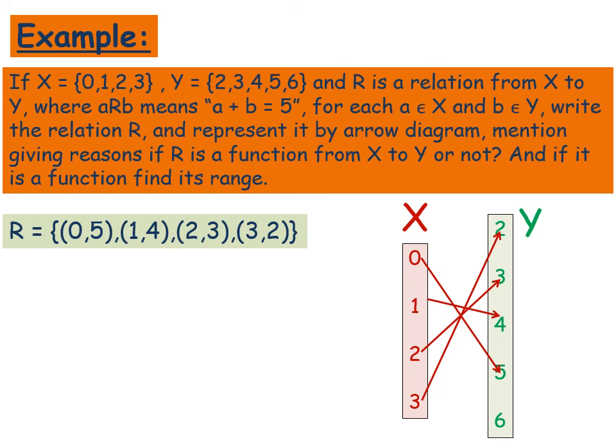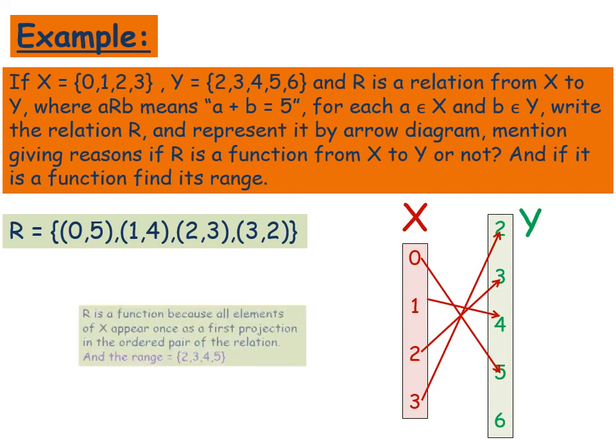Now I want to check if this relation is a function or not. To check that, I have my two conditions. Every element in X appears once as a first projection. Is that okay? Yes, every element in X, 0, 1, 2, 3, appears once as a first projection.